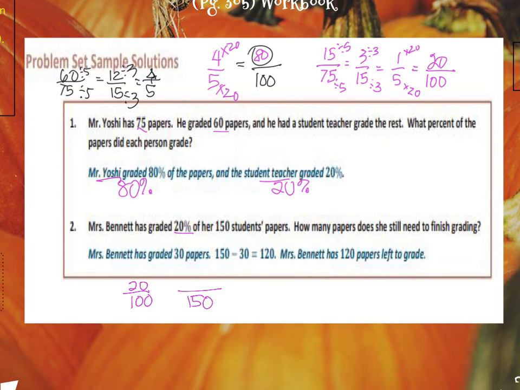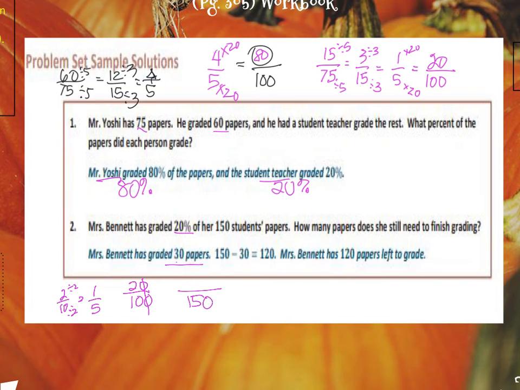So now I'm looking at the answer here. We have 150 minus 30 is 120, but we can't just do that. So I'm going to reduce this by 10. So I have 2/10, and then I reduce again, divide by 2, equals 1/5.